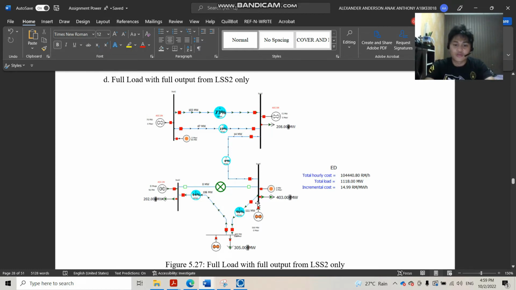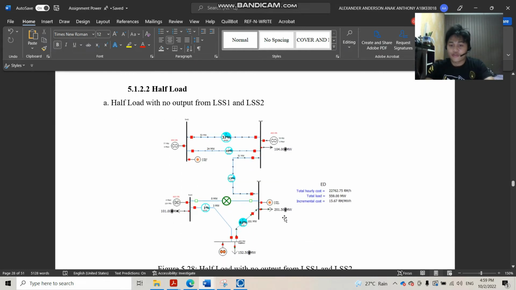However, when we do not put an additional generator at bus number 4, it will overload the system, causing the current to flow overload. So what we do is we add a generator at bus number 4 and bus number 5, and the incremental cost is 14.99 ringgit per megawatt hour.